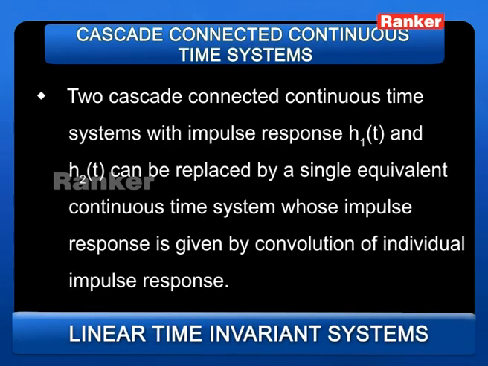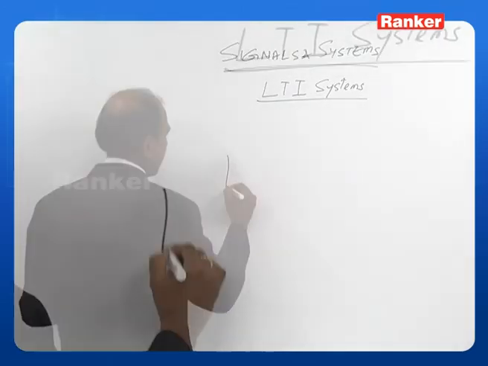Now let us see this. Two cascade connected continuous time systems with impulse responses h1 of t and h2 of t can be replaced by a single equivalent continuous time system whose impulse response is given by the convolution of the individual responses. So that's what this says. Cascade connection is what? You have two systems like this, and I can connect these two.